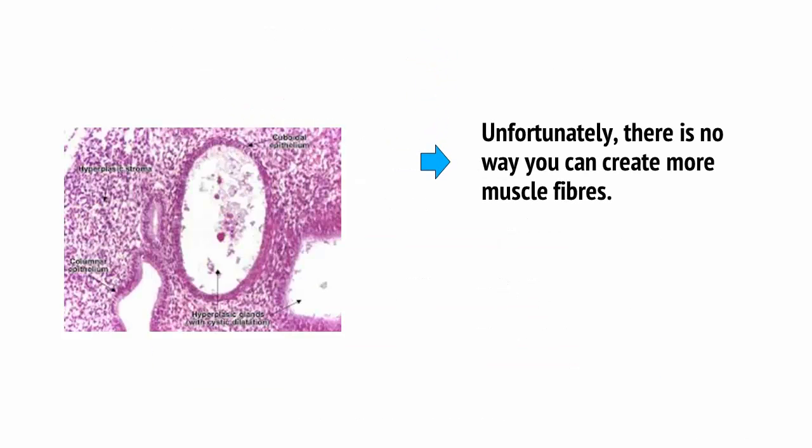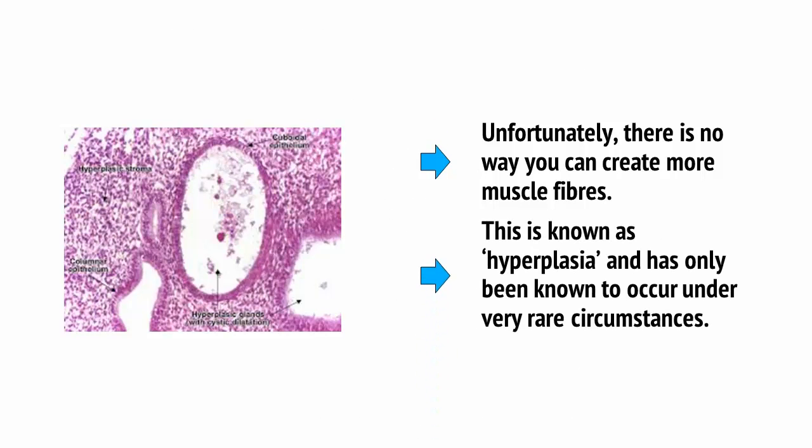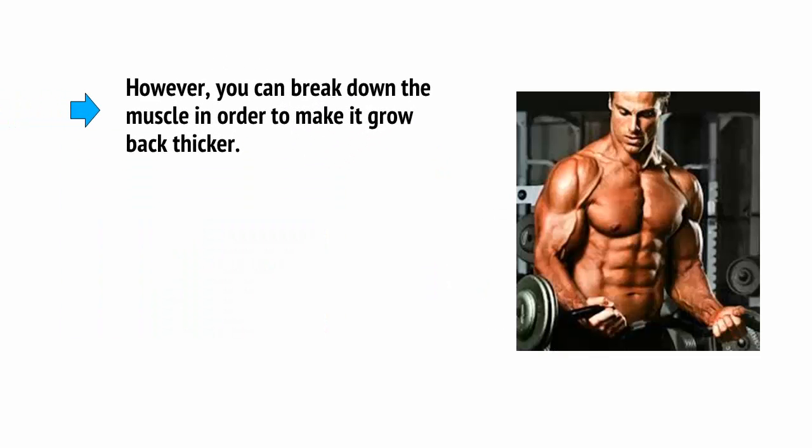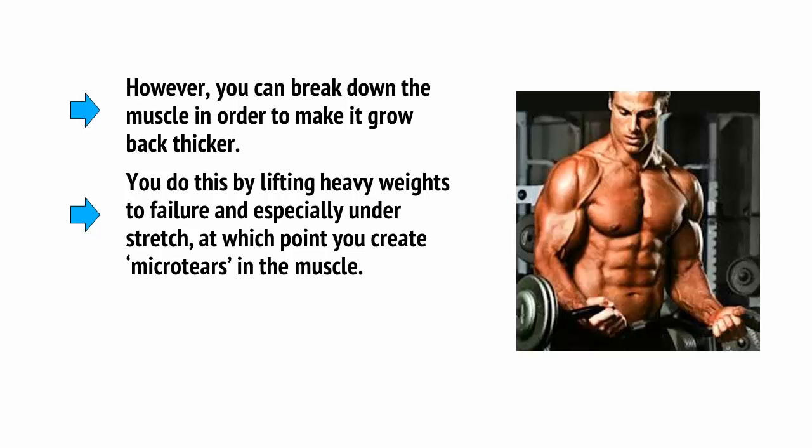Unfortunately, there is no way you can create more muscle fibers. This is known as hyperplasia and has only been known to occur under very rare circumstances. However, what you can do is break down the muscle in order to make it grow back thicker. You do this by lifting heavy weights to failure and especially under stretch, at which point you create micro tears in the muscle.